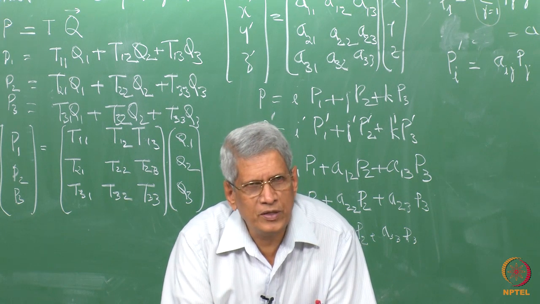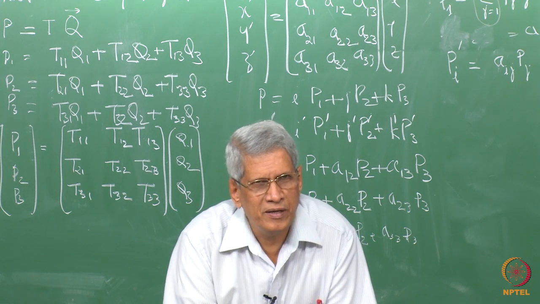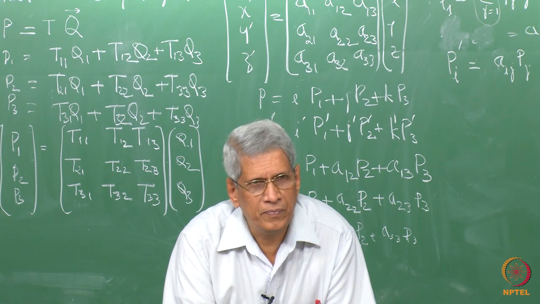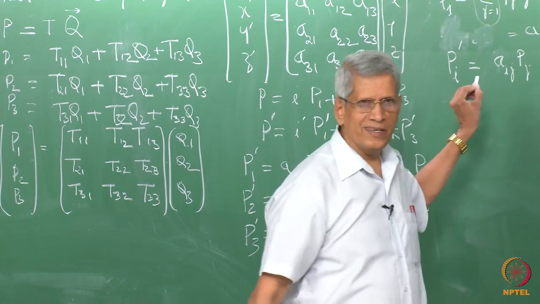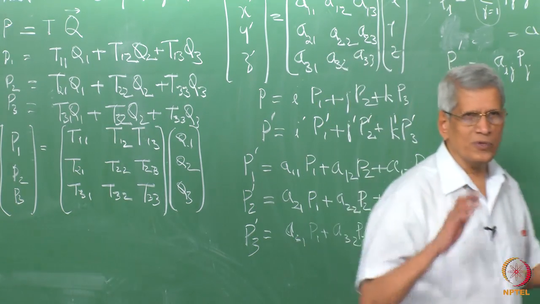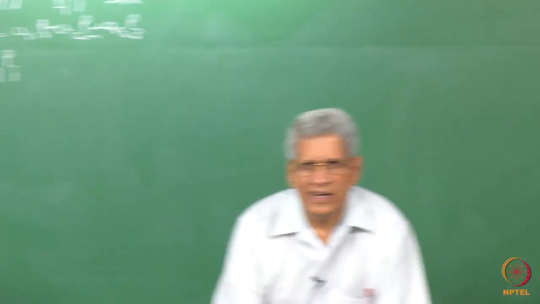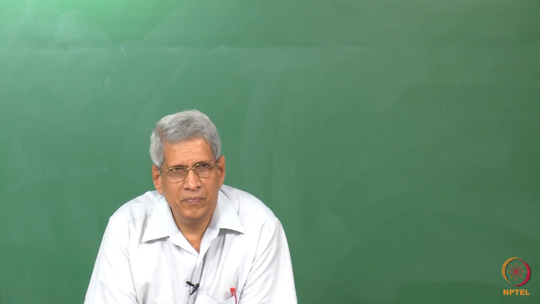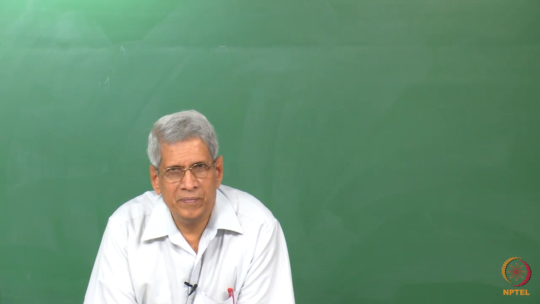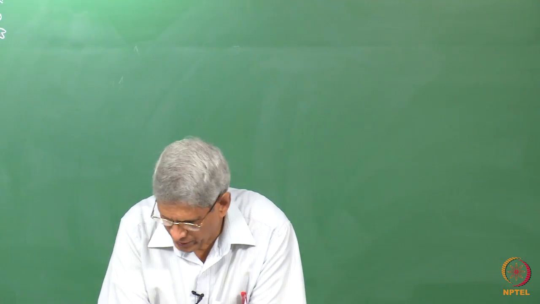This is essentially what is being followed in much of tensor mathematics. If we understand this, then most of the work involving tensor algebra becomes much simpler. Is this clear? Correct?